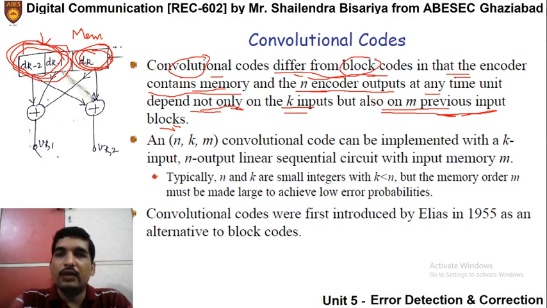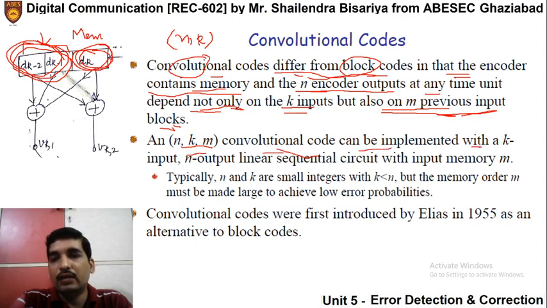Okay. Now the next point is how we represent it. There we represent block code as n comma k block code, right? Here, if we represent it as n,k,m convolutional code, then an n,k,m convolutional code can be implemented with a k input, n output linear sequential circuit with input memory m.